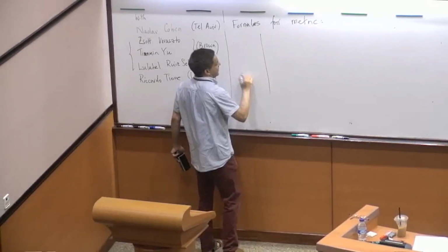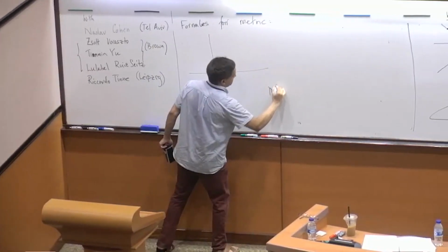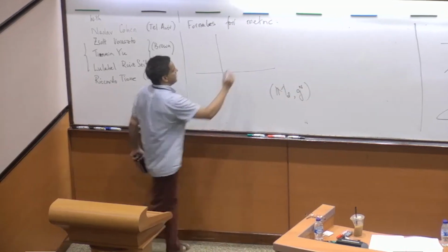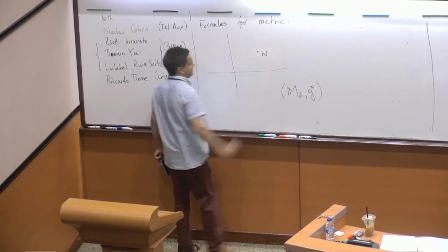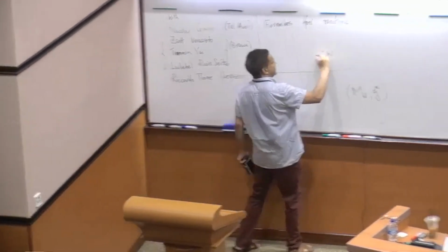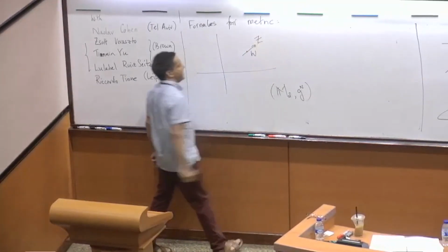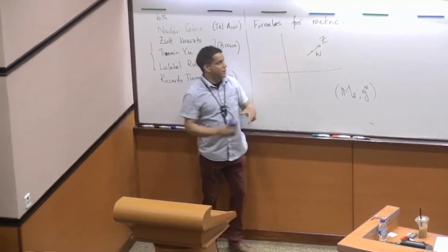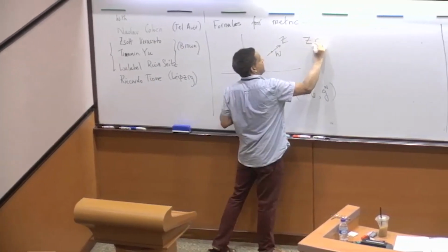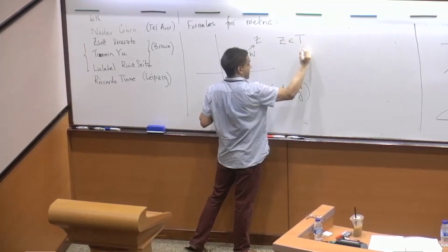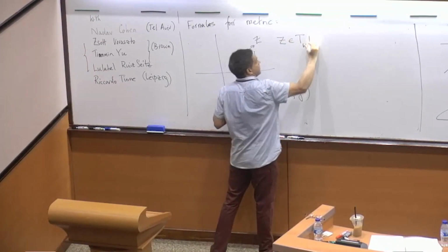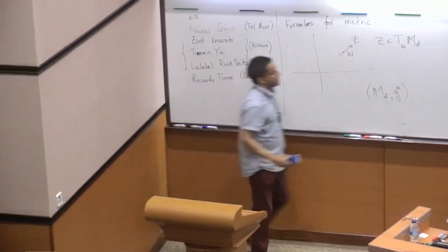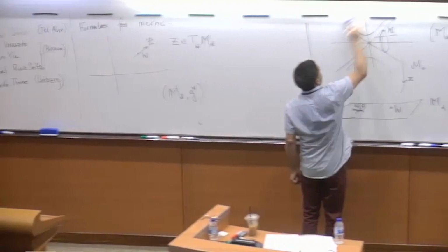So now I'm sitting in my space with this metric. What that means is that I'm sitting at some point over here. I want to look at a tangent vector, let me call it Z, and I want to associate a length to this vector Z. Z belongs to the tangent space at W. The formula is a little bit of a mouthful.